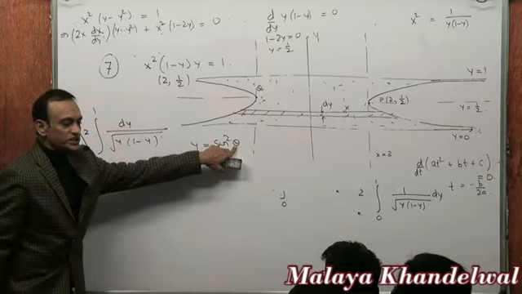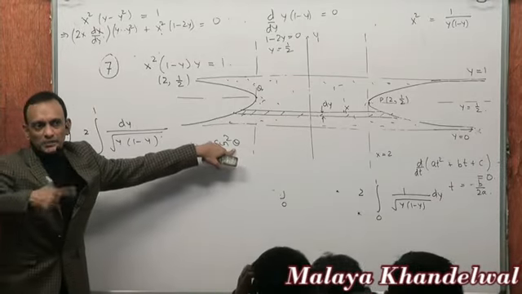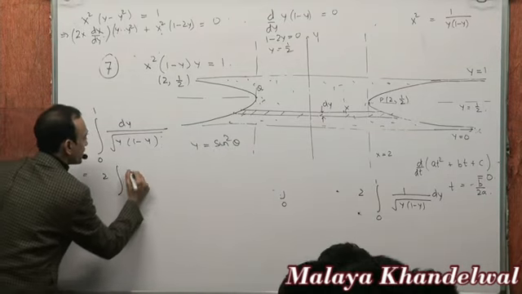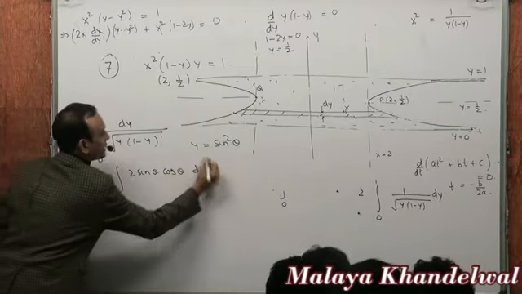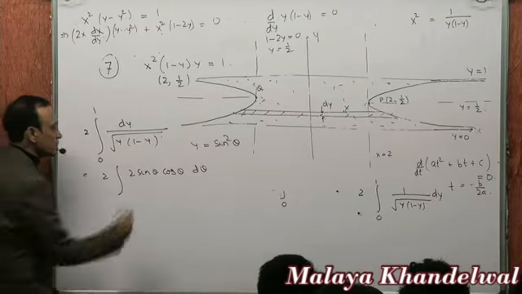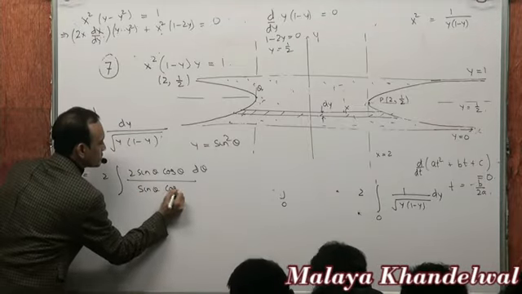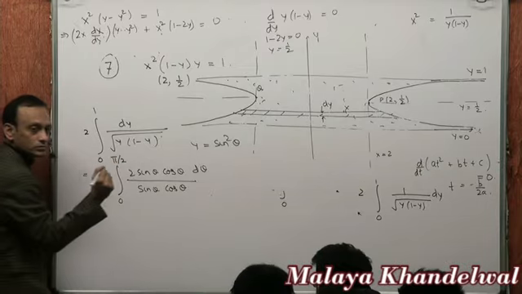When y is 0, theta is 0. When y is 1, theta is pi by 2. Theta becomes my new subject of integration. So this would be twice, and dy would be 2 sine theta cos theta d theta. And the denominator will become sine theta cos theta. Theta runs from 0 to pi by 2. Yes or no?